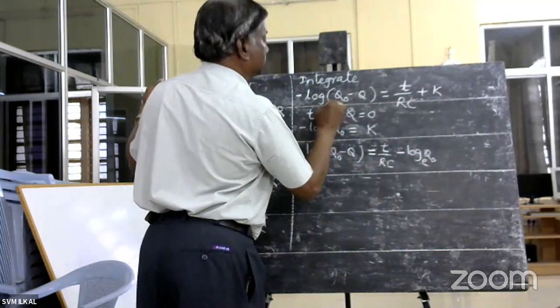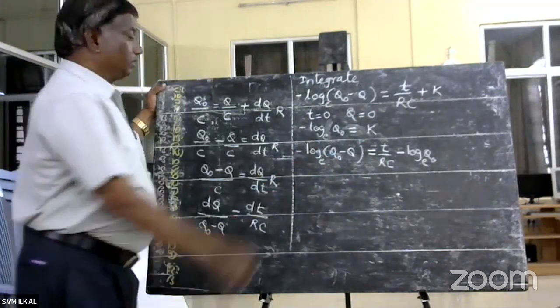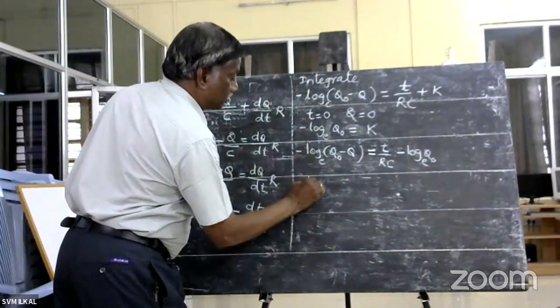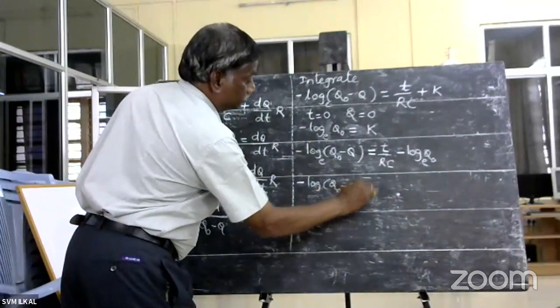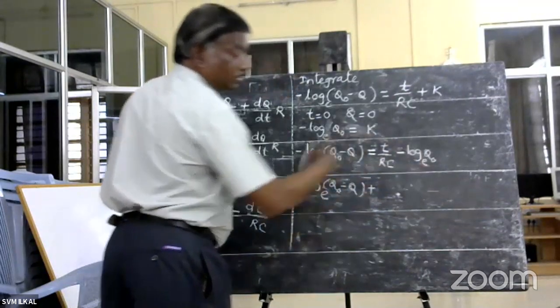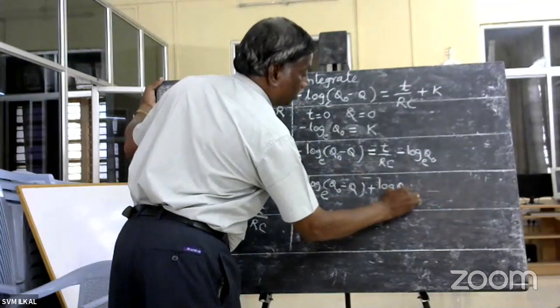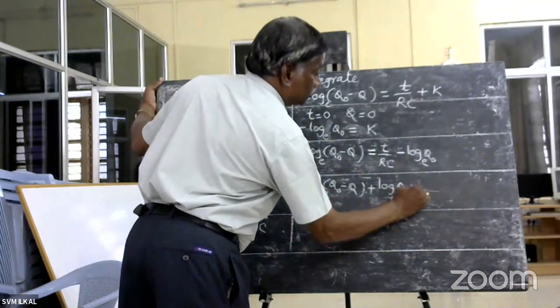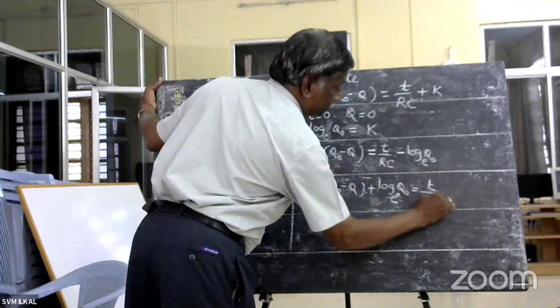Log to the base e is always considered. Now you can write this as: log of (Q naught minus Q) to the base e, minus becomes plus when it is taken to the left side, that is log of Q naught to the base e is equal to t divided by RC.